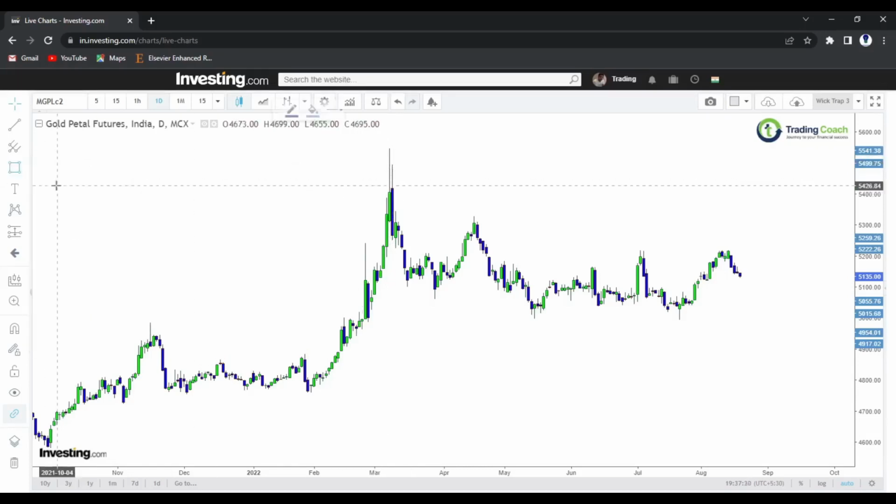So let me mark it out. Take a look at this particular wick. If you have sold the gold futures right after this wick, you can see that the prices consistently went down.